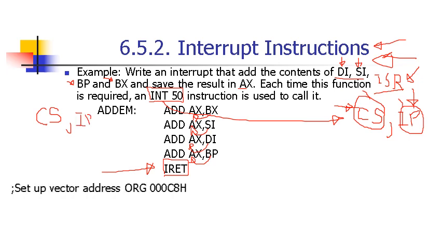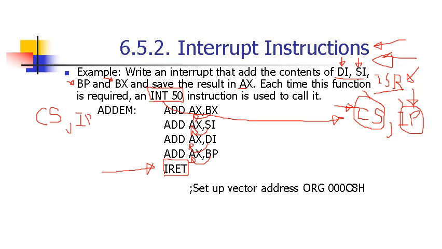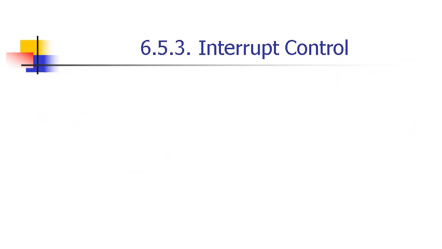What you do, you have to originate your code in this memory location, and place your IP in address 200, 201, place your CS in address 202, 203. Okay, good.